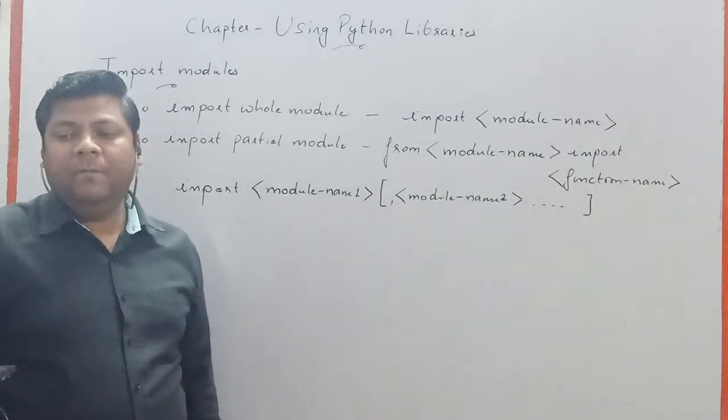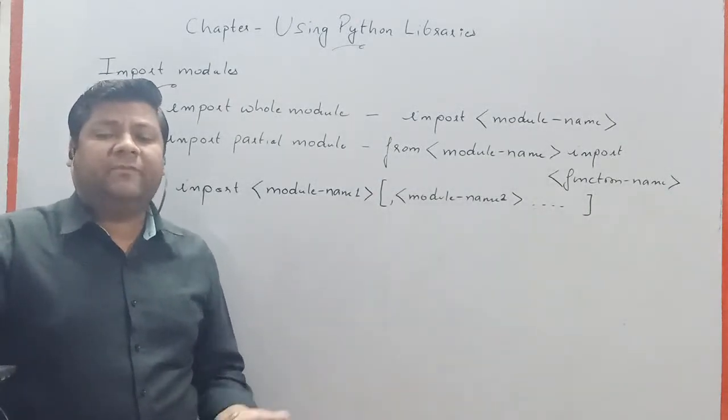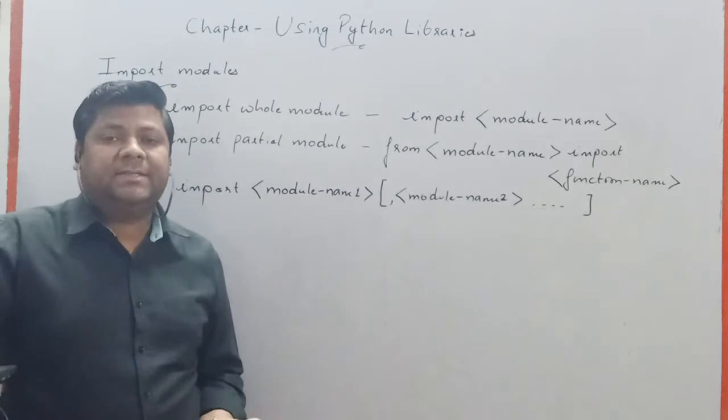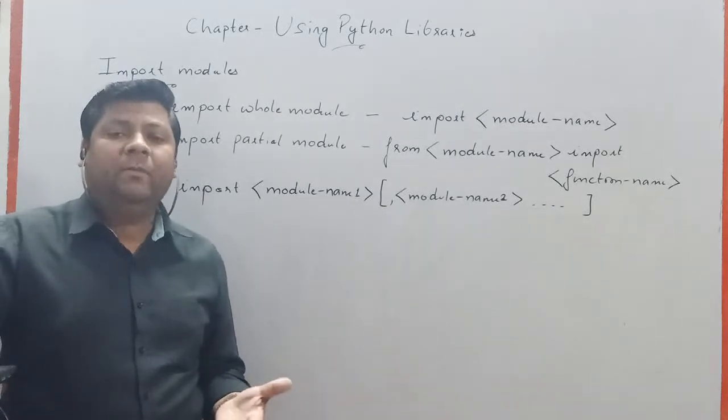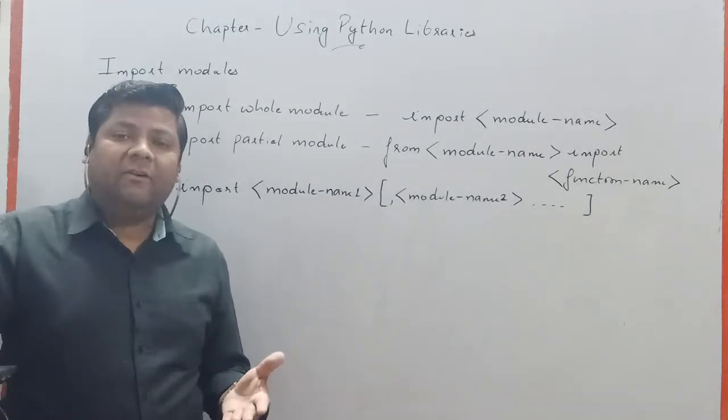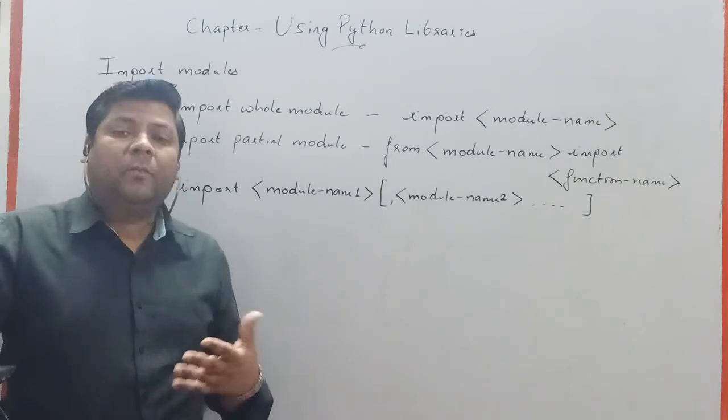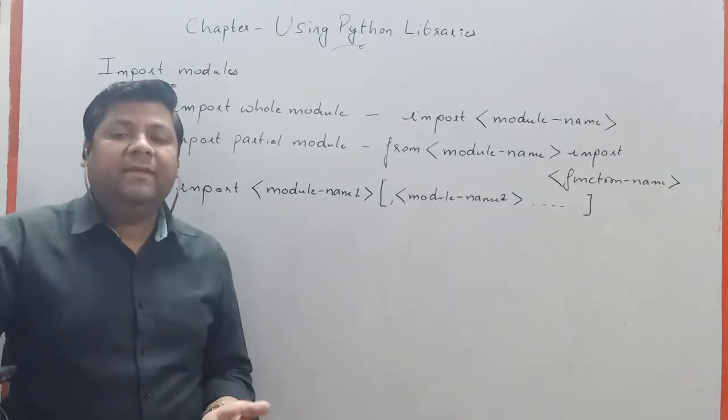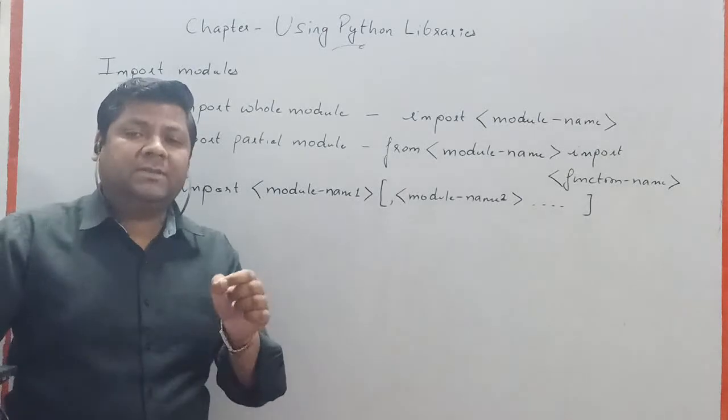Now we are going to discuss how we could access a function from an imported module. If you want to access a function or block from the imported module, what is the syntax?